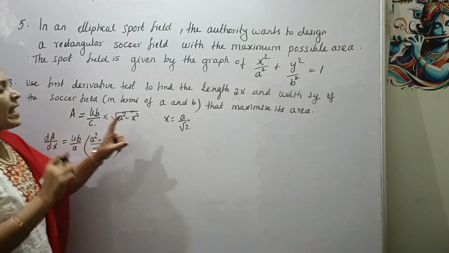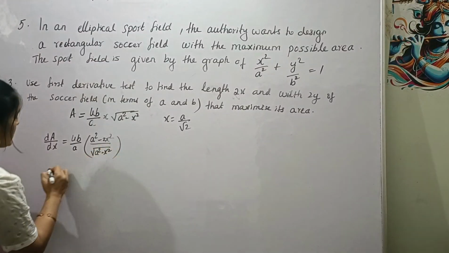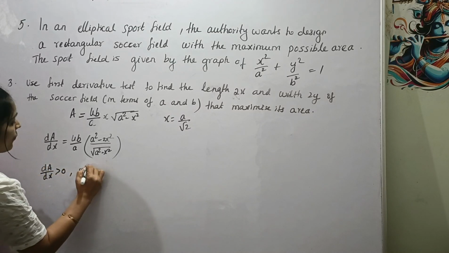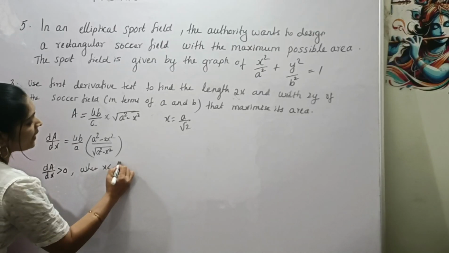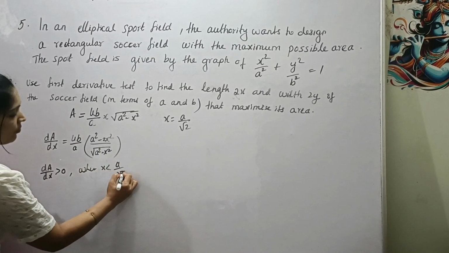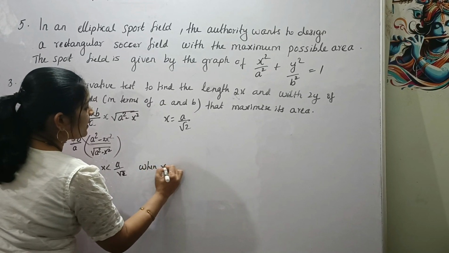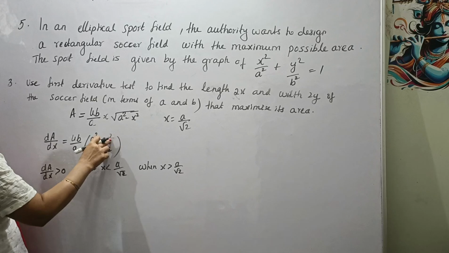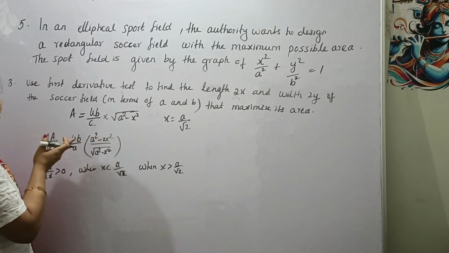So dA by dx is greater than 0 when x is less than a by root 2. And when x is greater than a by root 2, when we substitute any value greater than a by root 2, this will be negative, right?